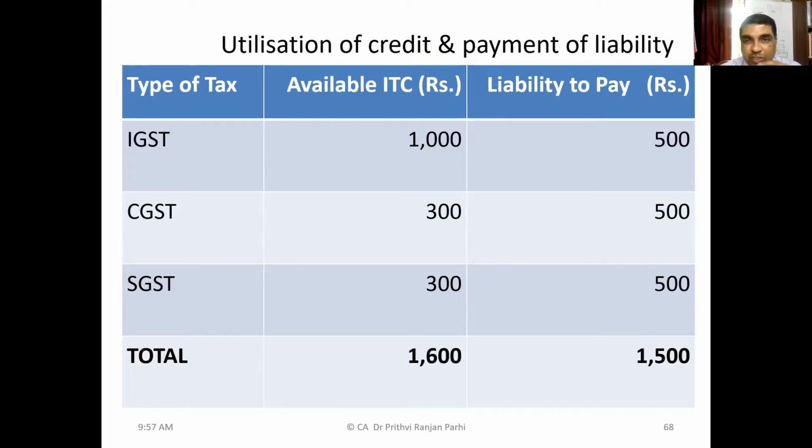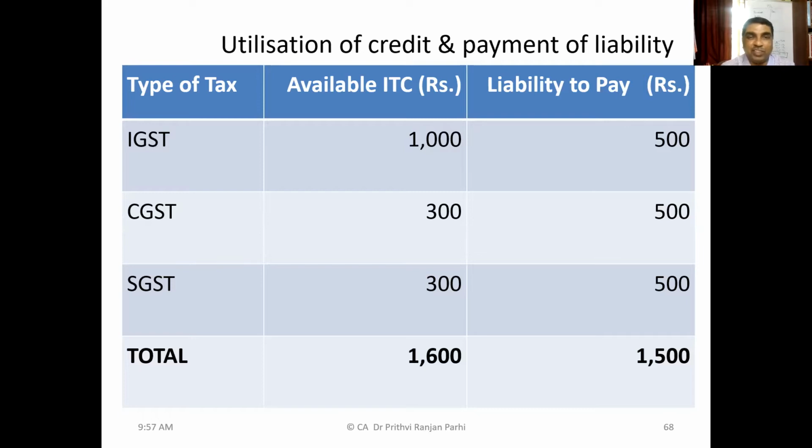Now you see, this is a situation where my liability is 1500, and I'm already having ITC or credit of 1600. That means actually we need not pay, but let us see whether we have to pay something or not. Let us try to solve this situation. As you already know, if there is an IGST liability, I can pay it out of my IGST.